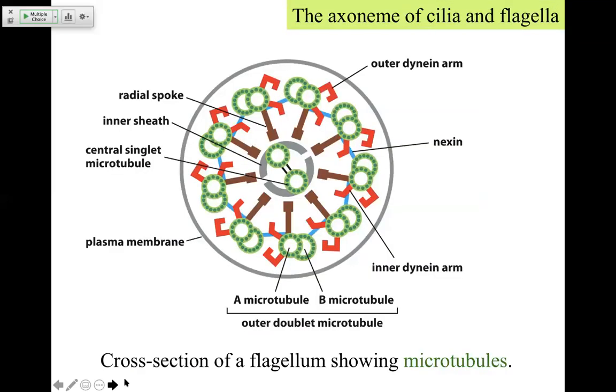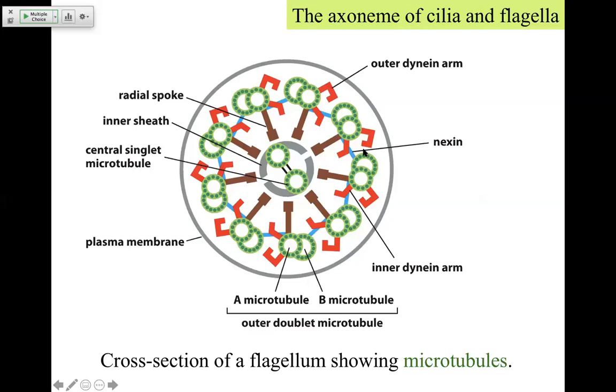If we look at a cross section of a cilium or a flagellum, we would see this characteristic arrangement of microtubules that we call the axoneme.